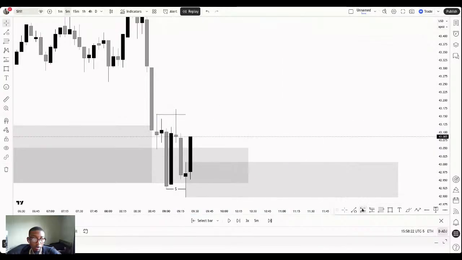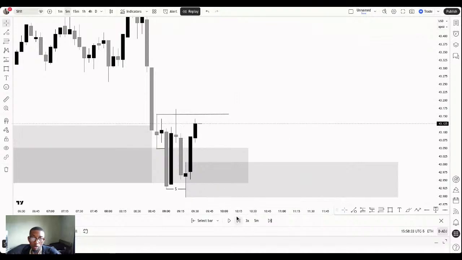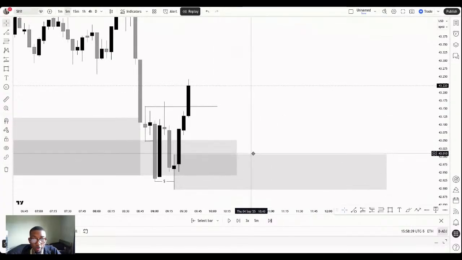And why here? Because this is my last internal breaker structure to the downside. So I need price to close above there. I just need one candle to close, not a wick, but a candle. Boom, price closes above there. Now this confirms to me that when price comes back down, it's gonna respect this area.